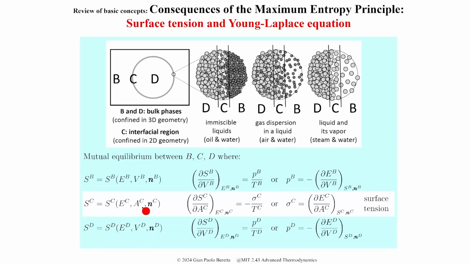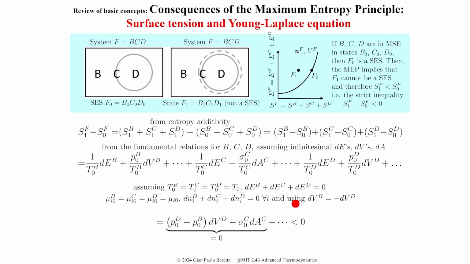And for the interface system, the sigma, which we call surface tension, is the partial of the energy with respect to A, without a minus sign. That's why one is a pressure, the other is a tension. So, okay, that is for the definition.